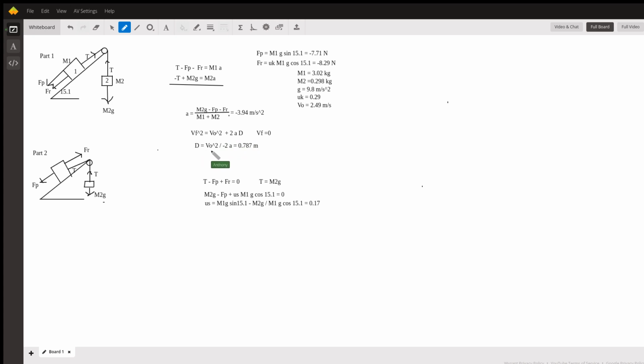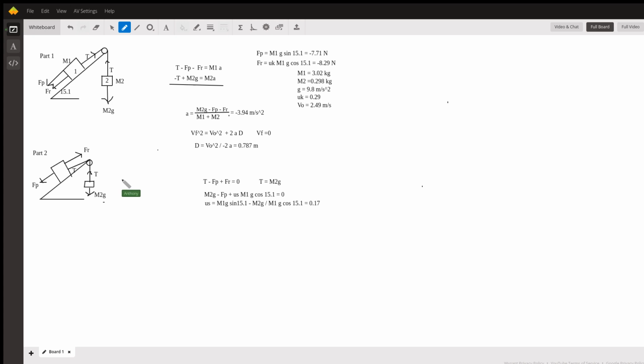You'll get v0 squared divided by the negative of 2a, keeping in mind a is a negative value. And if you put in the numbers, you should get 0.787 meters up the slope before it comes to a stop. You may want to round all these to two significant figures.